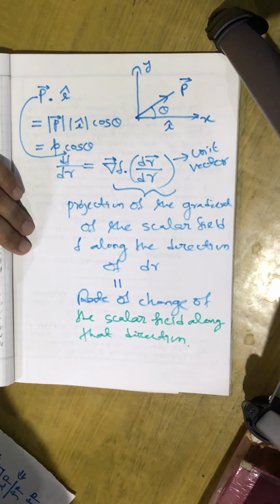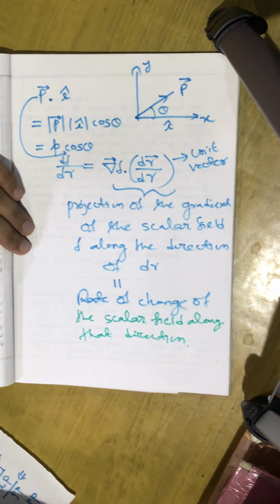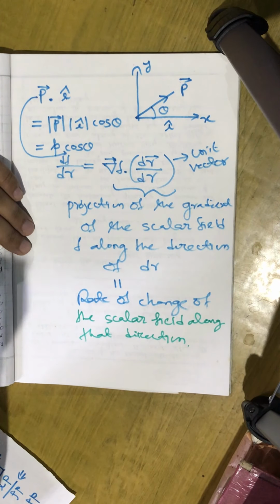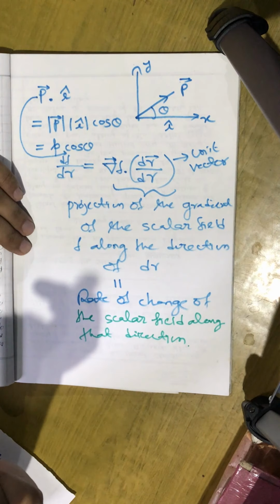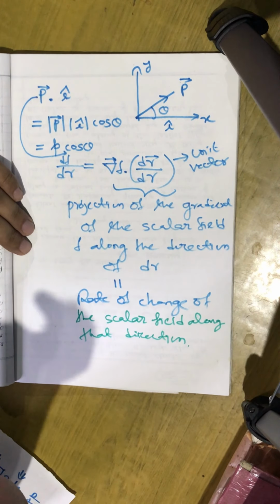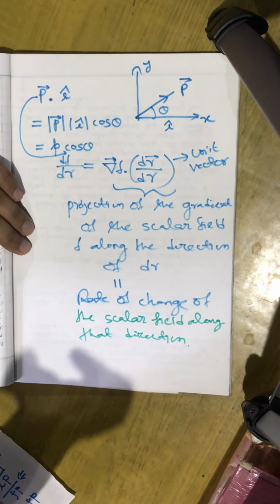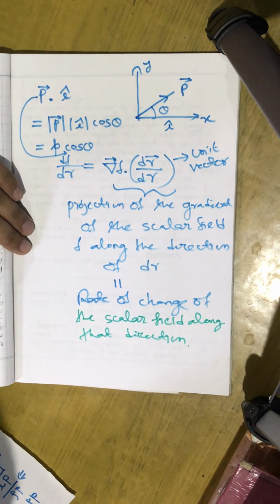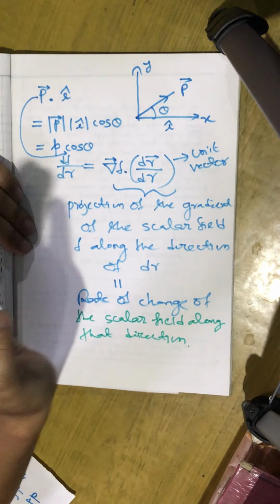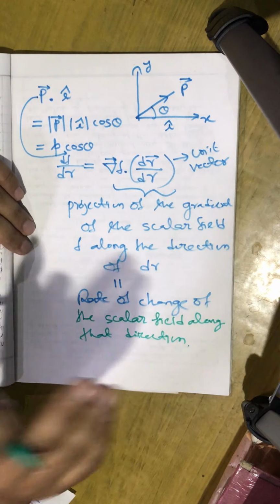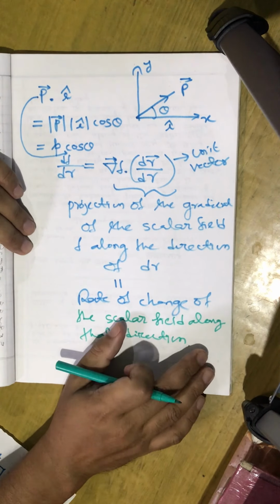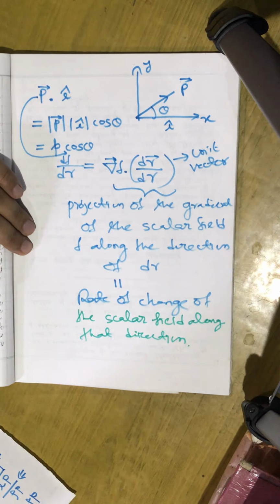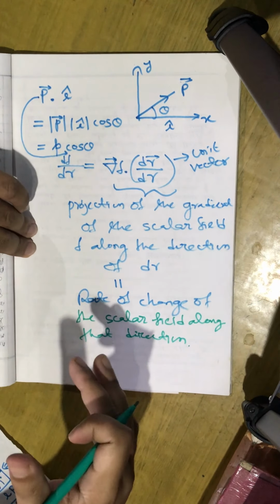Whenever you see a gradient of a scalar quantity, it represents the rate of change of the field along that direction. So gradient has a very nice physical meaning. I am now going to do one or two examples of gradient of a scalar field, and after that we can move towards the divergence and curl of a field.